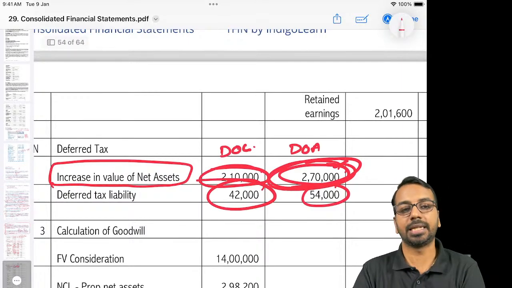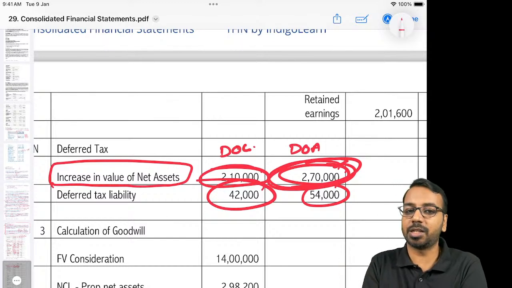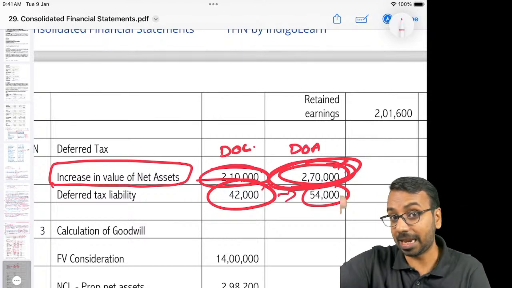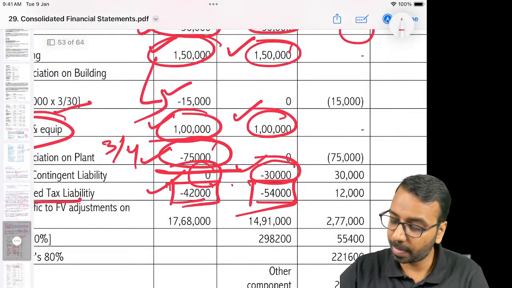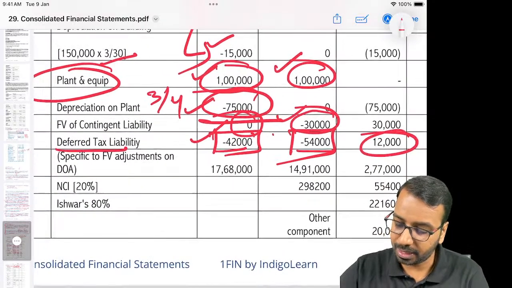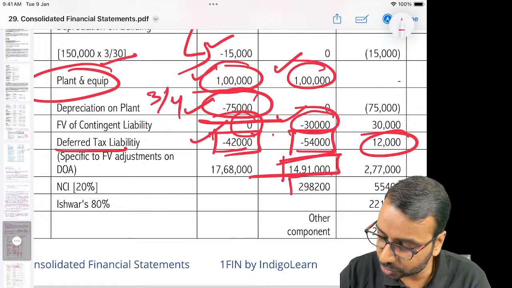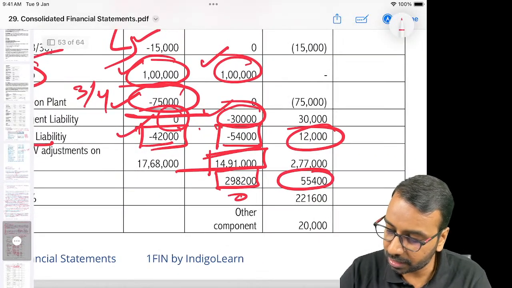So 54,000 DTL on date of acquisition, 42,000 DTL on date of consolidation. So this will result in post acquisition earnings. Liability is reduced by 12,000. That is what you can see here. Right? Now out of this total, NCI is 20%, Ishwar is 80%. Okay, so 20% here and 80% here.